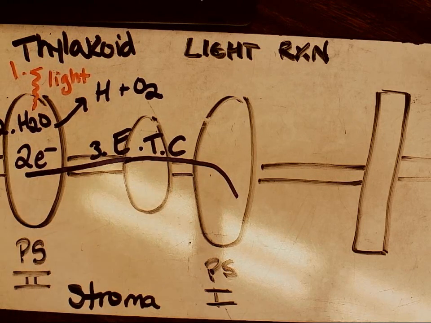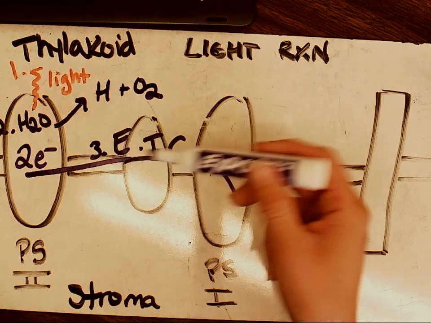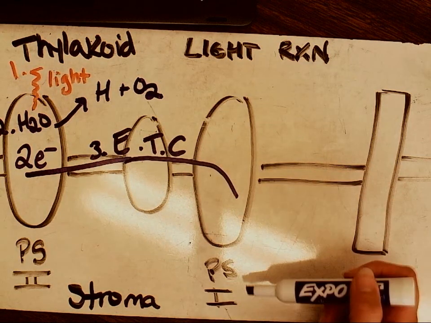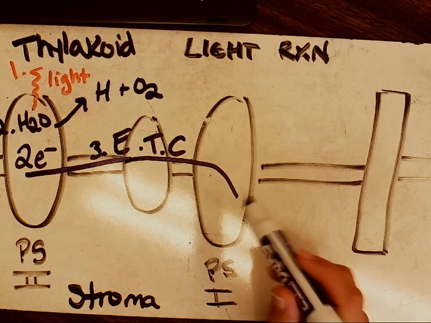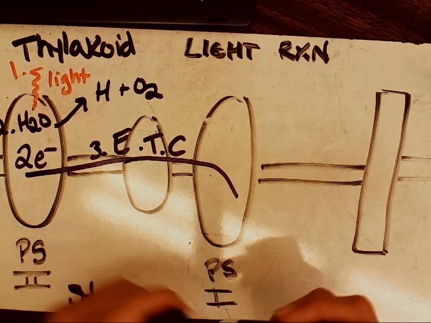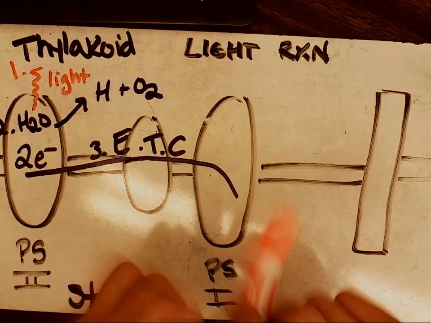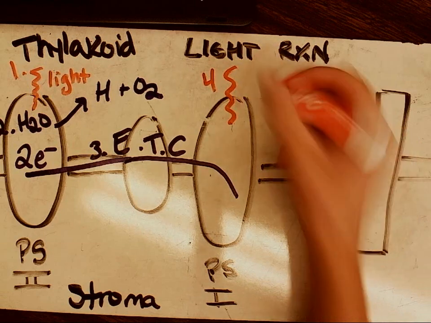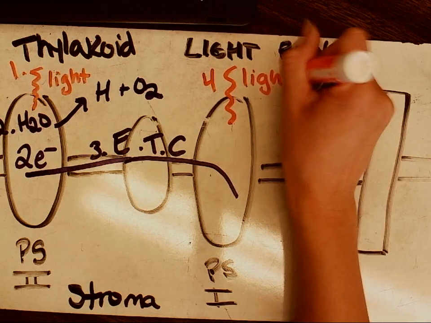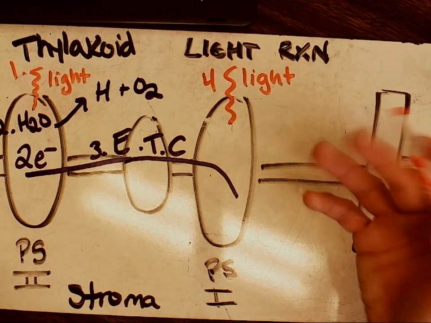So step 3 is these electrons move through the ETC to photosystem 1. When they get to photosystem 1, they don't have a lot of energy. So step 4, light is going to come in and strike these electrons and re-energize them.